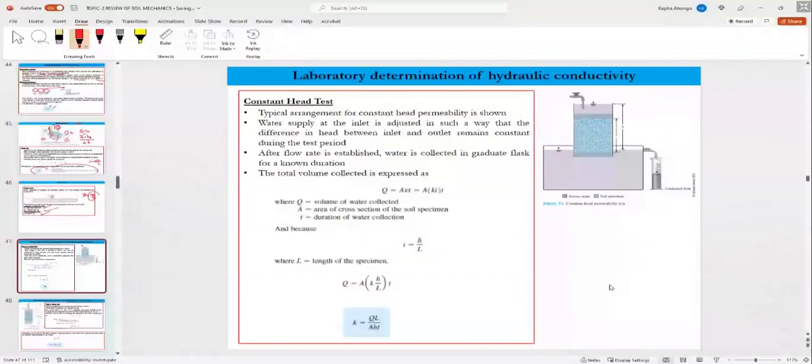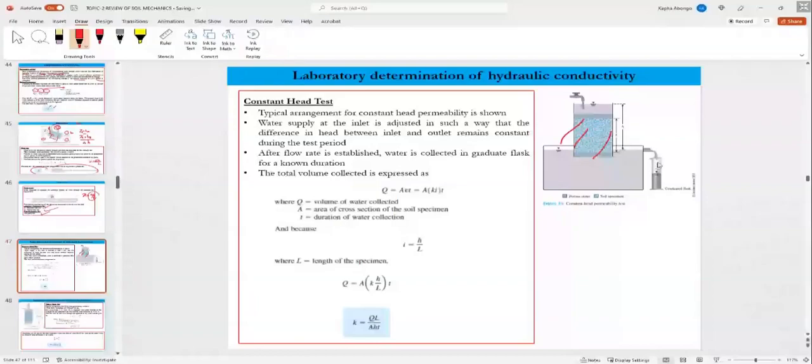For the constant head test, we have a saturated column of water, and we keep this head constant. We continue pouring the water, so we have where the outflow is.